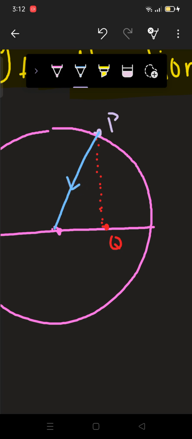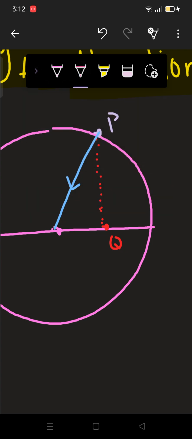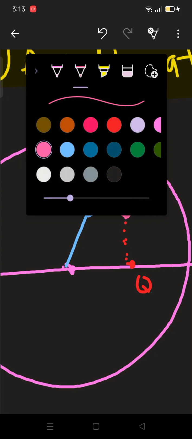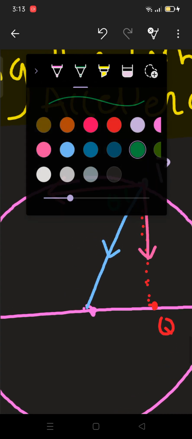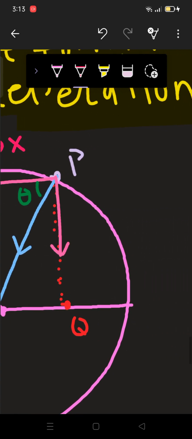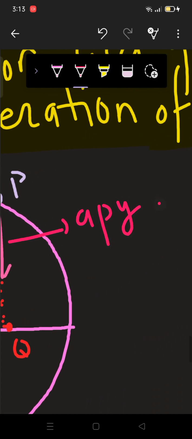Now acceleration is a vector quantity, which means we must break this vector into its components. We must resolve this vector into its components, right? So one would be this component and the other would be this component. Now this is making angle theta with this component, which means this is the particle's a_px component, and this is the particle's a_py component.